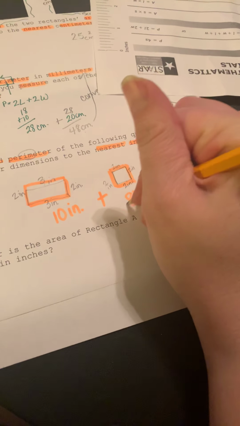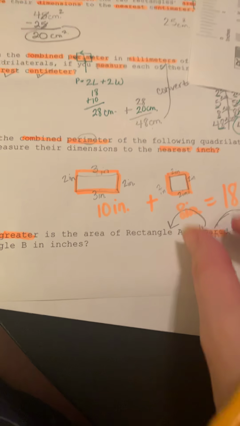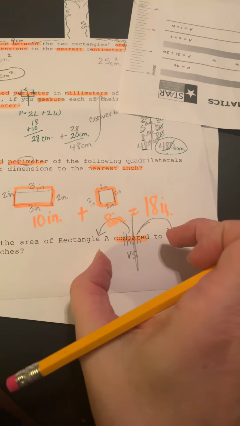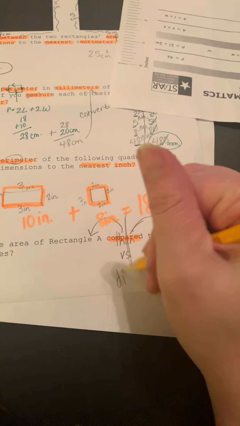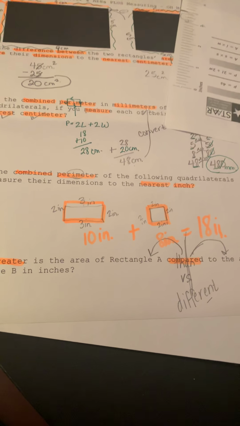How much greater is A compared to B? Versus how much more is this than this? It's like the 50-yard line. You don't put your scores together. You want to know what is different. And the answer to subtraction is a difference.